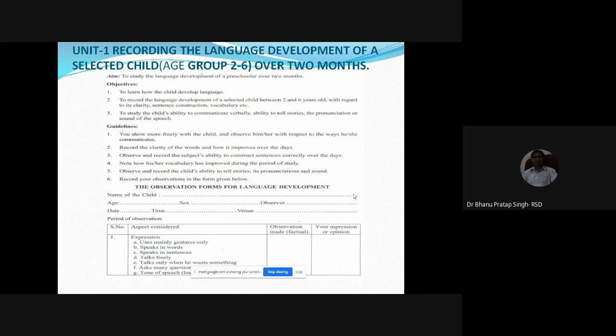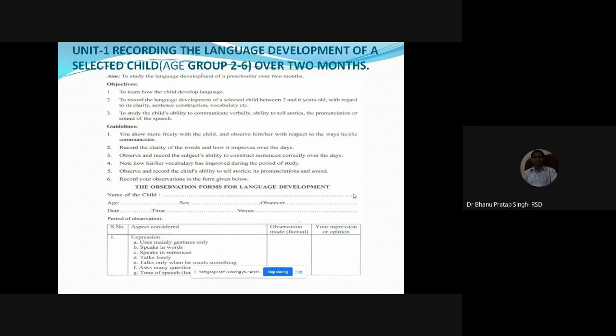Record the clarity of words and how it improves over the days. Means day by day you have to list out and write down the points regarding the clarity of words. Observe and record the subject's ability to construct sentences correctly over the days.